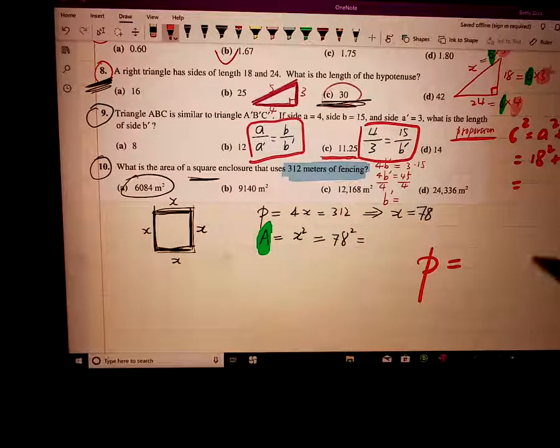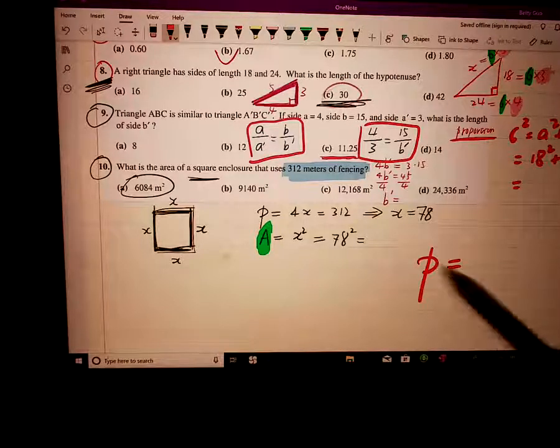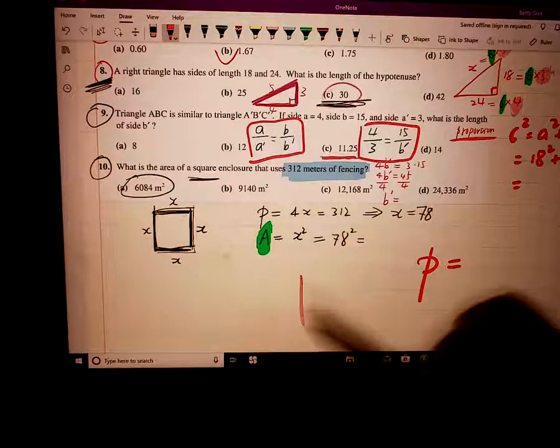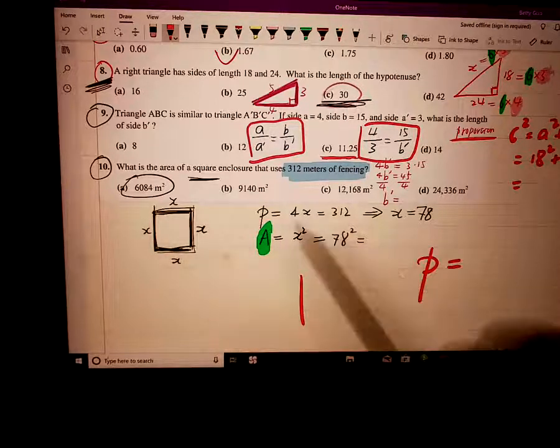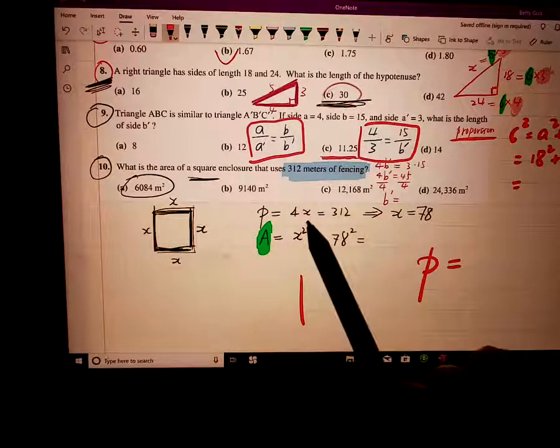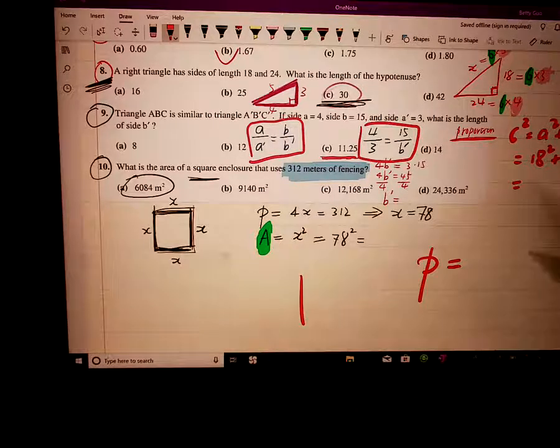And we know the fence encloses a square area, right? Region. So we know the perimeter for a square. This is a square. The perimeter of a square is 4 times the side length.